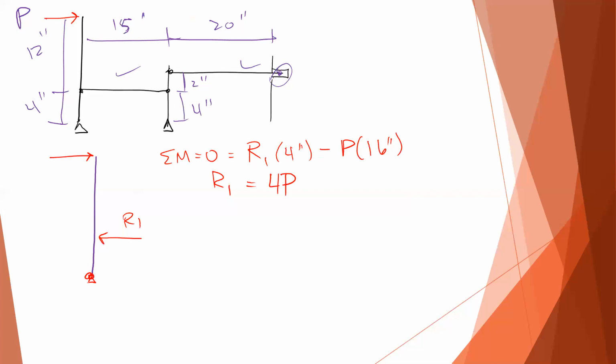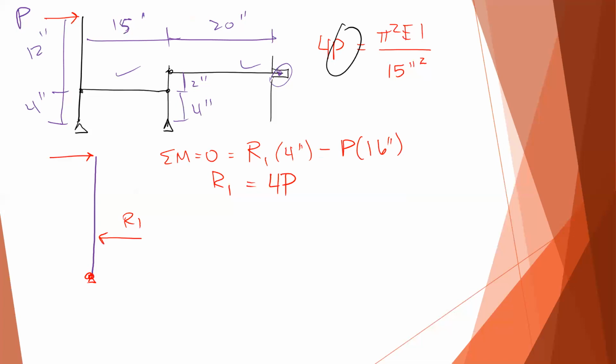And then if you want to calculate the critical buckling load, you'd say, okay, if I'm applying 4P, I know that the critical buckling load is pi squared EI over length squared. In this case, the length is going to be 15 because it's pin-pin. And then you plug in E and I. Then you back solve for P. So that gives you some value of P critical.